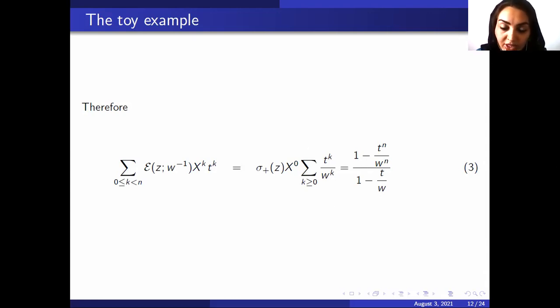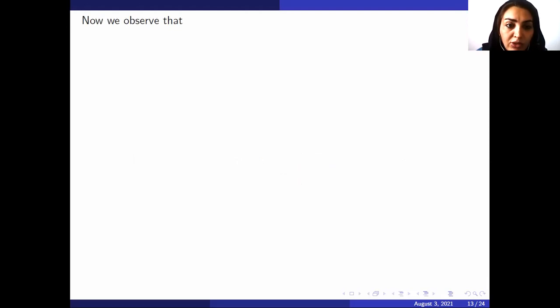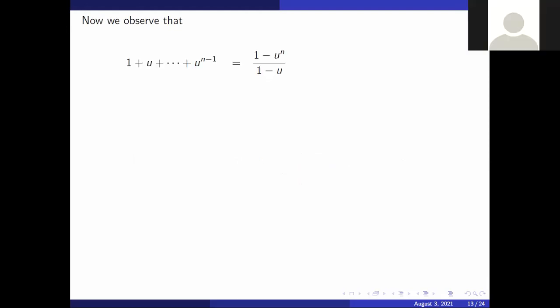Then multiply by sigma plus cx0. And now observe that this summation, which is 1 minus un over 1 minus u, we want to write more elegantly.